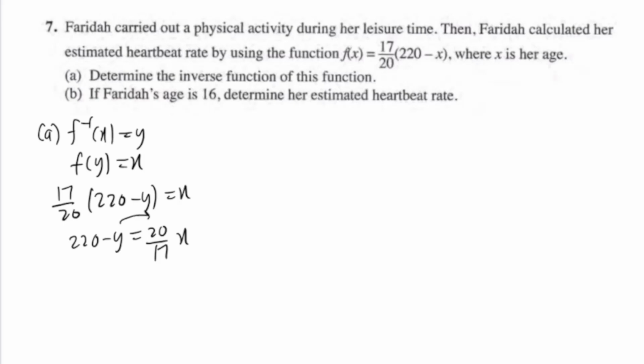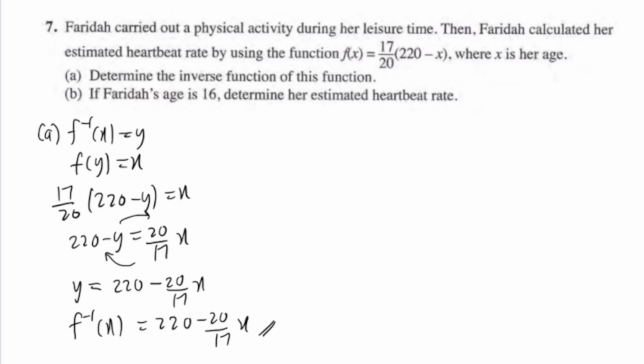Bring this over, right? So your y is now 220 minus 20 over 17 x. So we rewrite this as f inverse of x equals 220 minus 20 over 17 x. There you go.